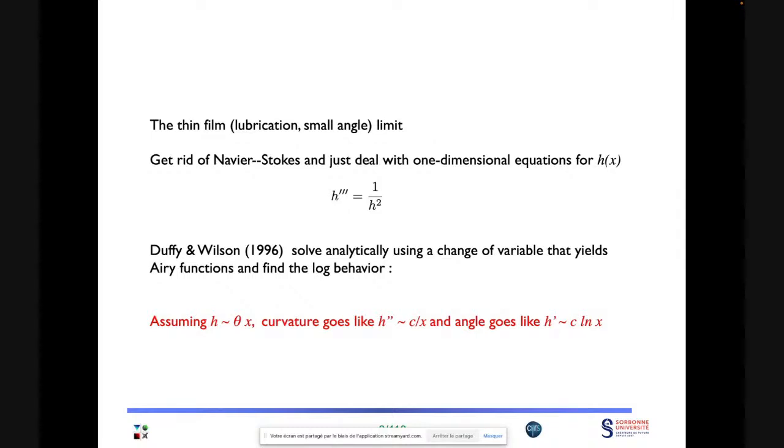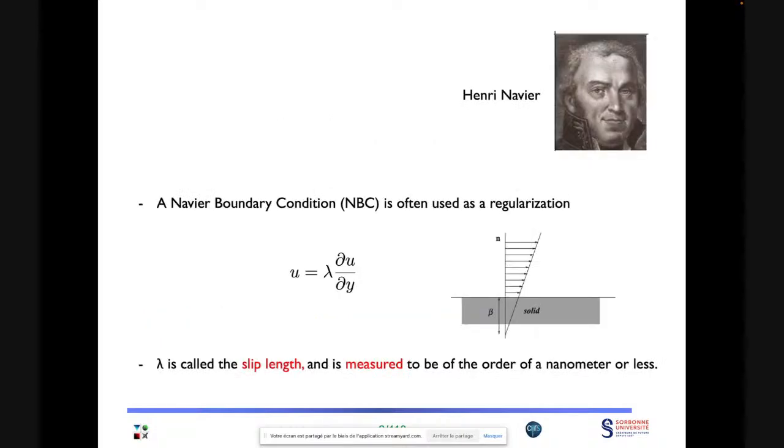Assuming h is theta x, curvature goes like 1 over x, and the angle goes like log x. So the angle rotates infinitely in this case. This is unacceptable, and you can use a regularization which is u equal to lambda du/dy.